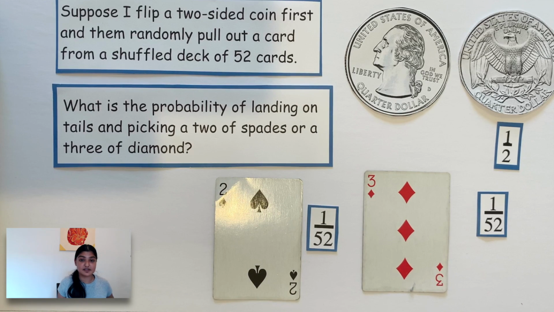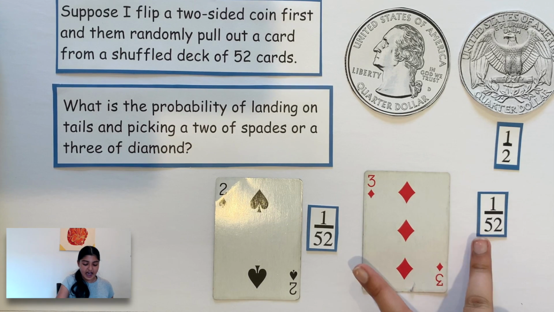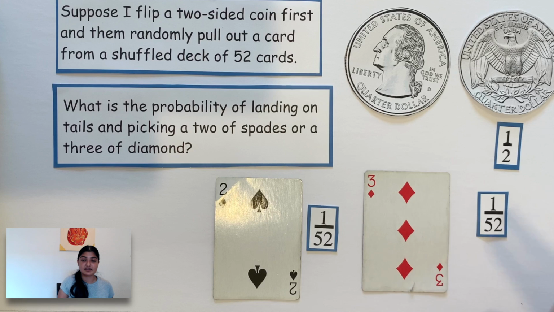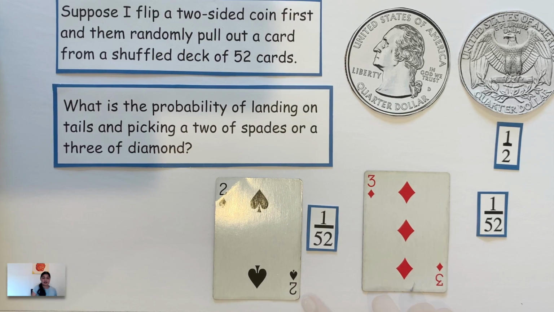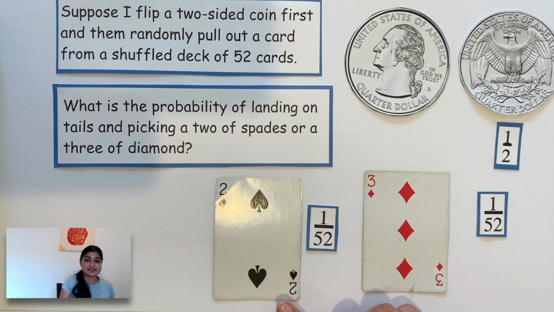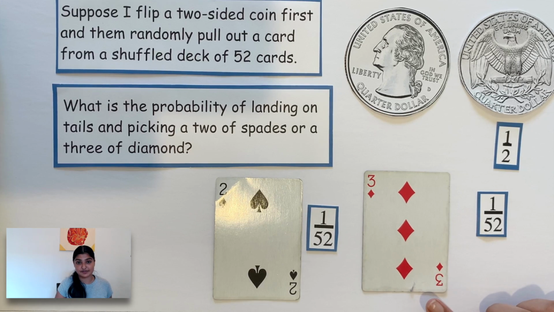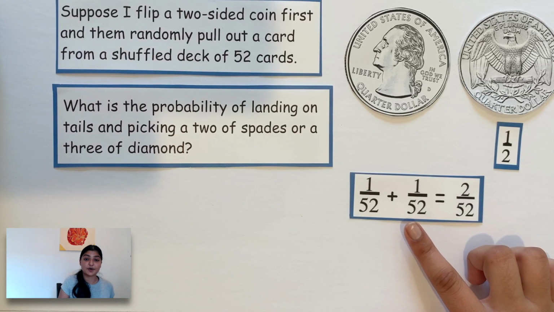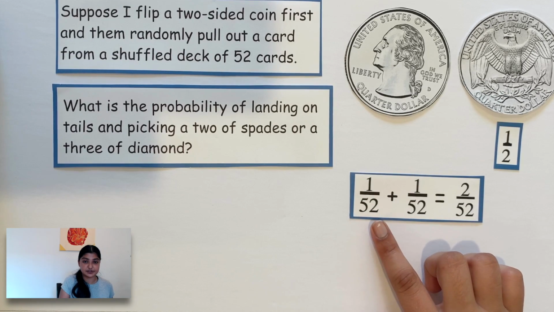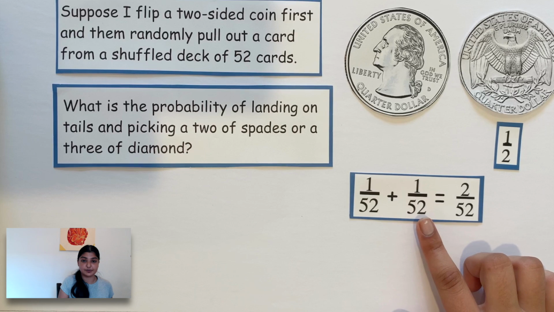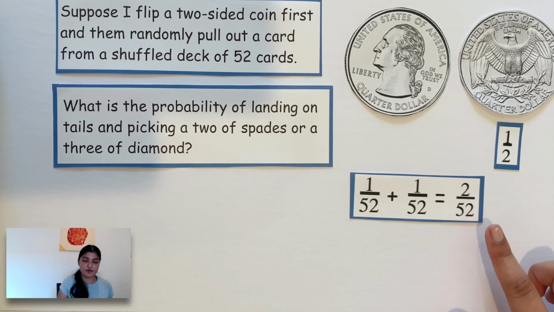In other words, we could pick either this card or this card. So, we can add these 2 probabilities to find the total probability of picking either one of these cards, as we could pick a 2 of spades or we could pick a 3 of diamonds. So we can add 1/52 plus 1/52 to get a total of 2/52.